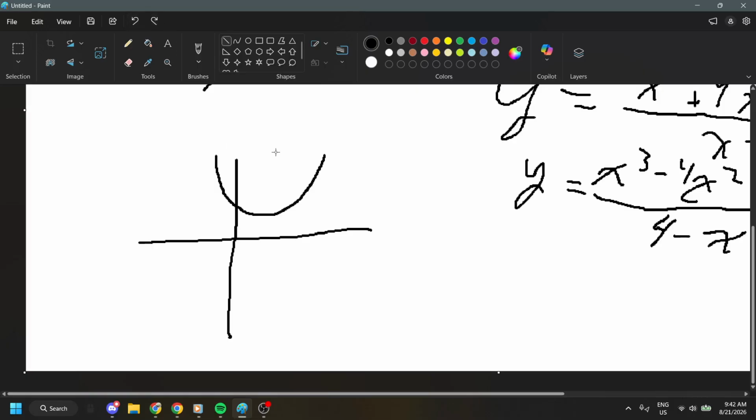Oh yeah, I guess it could be like that, maybe. Would that intersect eventually? Yeah, it would. So the only thing it could be is directly vertical. Right?